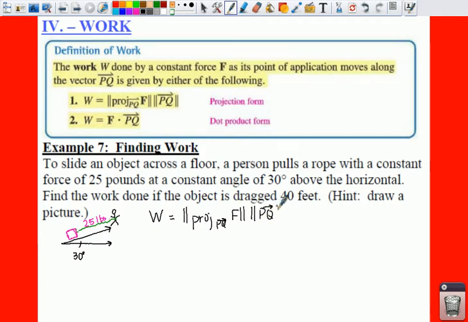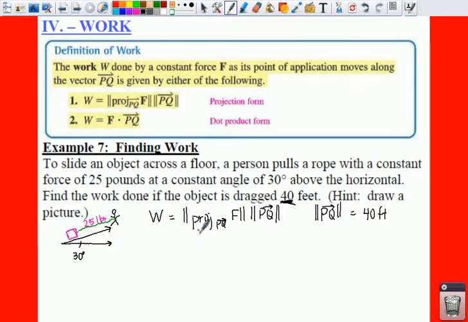The reason we're multiplying by the magnitude of PQ is that we are actually given the magnitude of PQ, which is 40 feet. This is our vector PQ. The magnitude of PQ is a length or a distance, and that is 40 feet. So that's why we want to use option number 1 up here and not option number 2. We don't have any vector forms for PQ yet anyway.